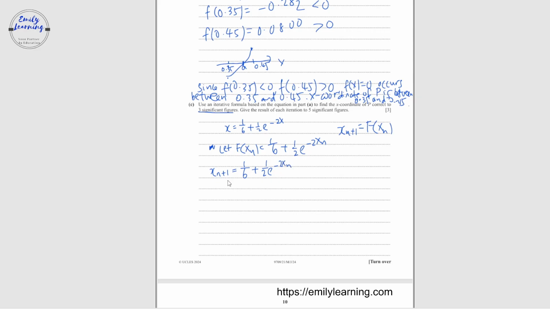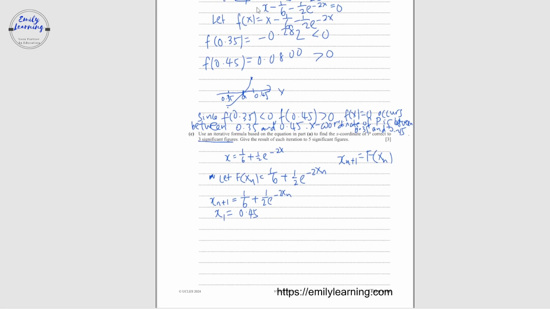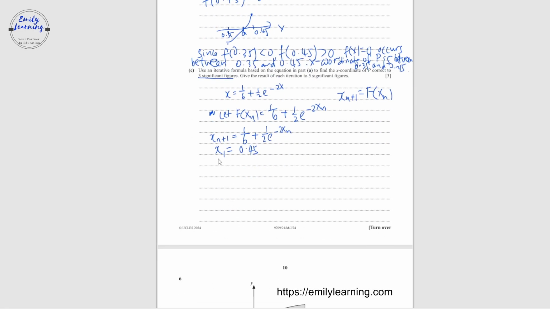Okay, so I'll let x1 be equal to maybe 0.35. Actually, I'll make it 0.45 because 0.45 is closer to 0. So x2 is equal to 1 over 6 plus half e to the power of negative 2 times 0.45. Right? So let me type this into the calculator.